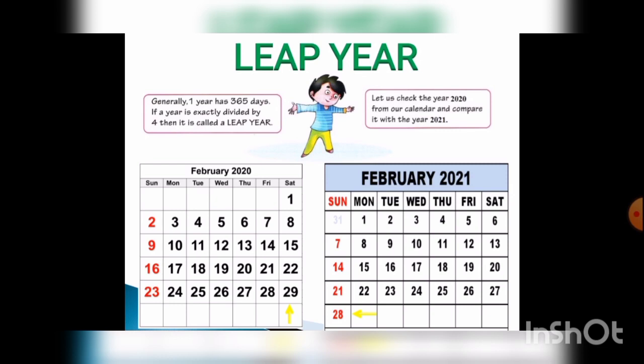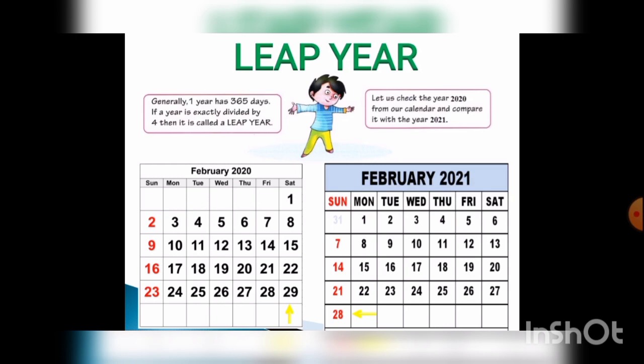Now, next is leap year. Generally, 1 year has 365 days. If a year is exactly divisible by 4, then it is known as a leap year. Let us check the year 2020 calendar and compare it with the year 2021 calendar.